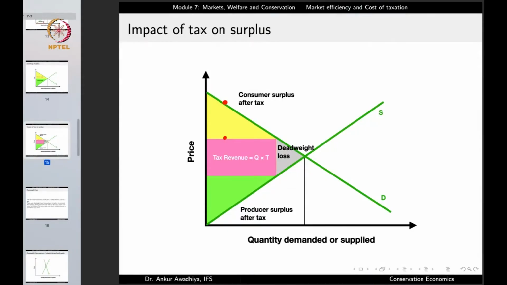Yellow, pink, green, and the gray area. So that was the earlier total surplus. Now we have a consumer surplus which is yellow, the government surplus or the tax revenue which is pink, and the producer surplus which is green.